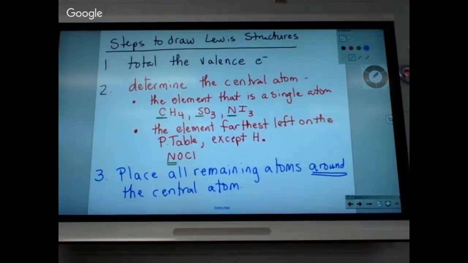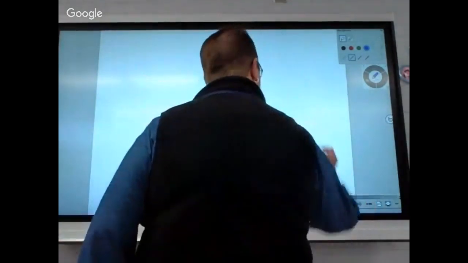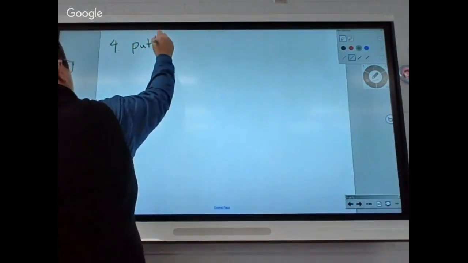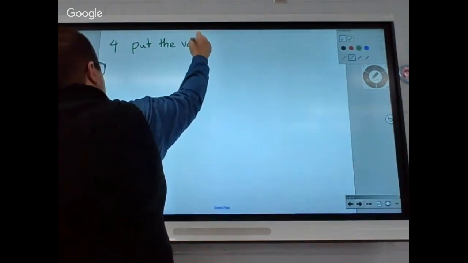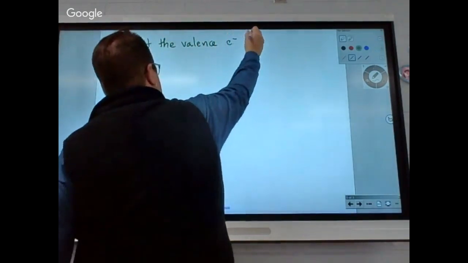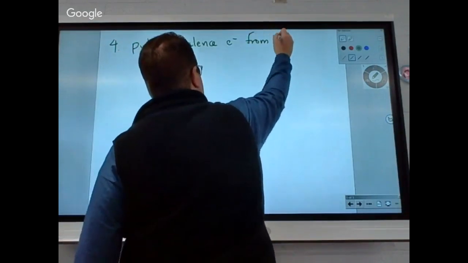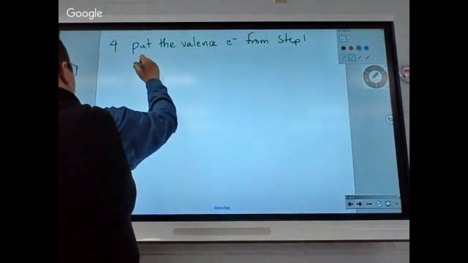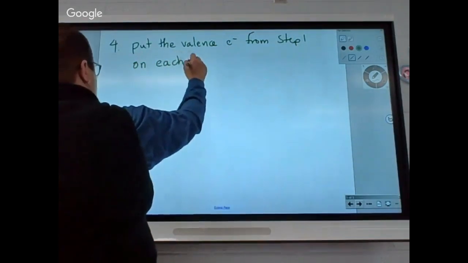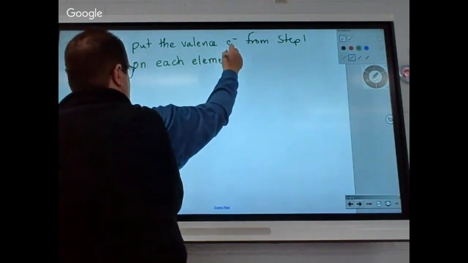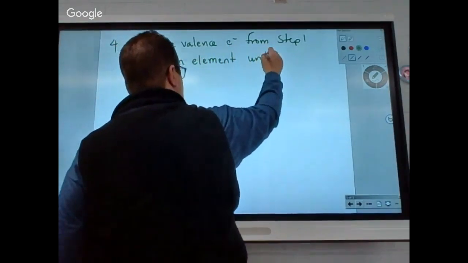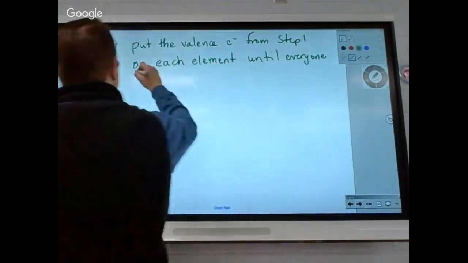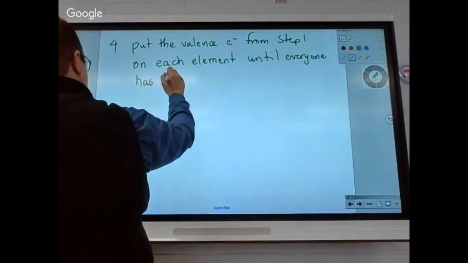All right, everybody there? So step 4. Put the valence electrons from step 1 on each element until everyone has 8 electrons.